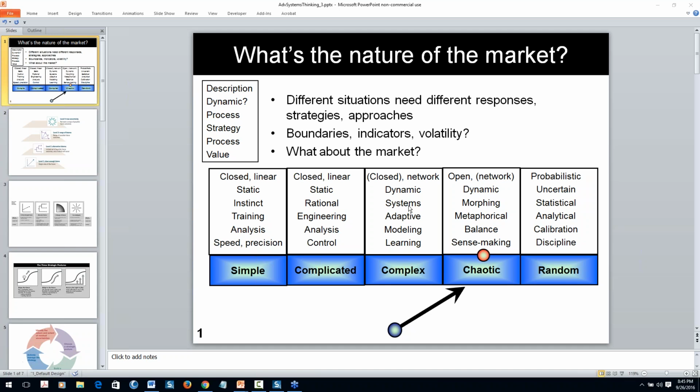And so we typically have a dynamic process, and we want a process that can morph as quickly as the market itself seems to be shape-shifting.